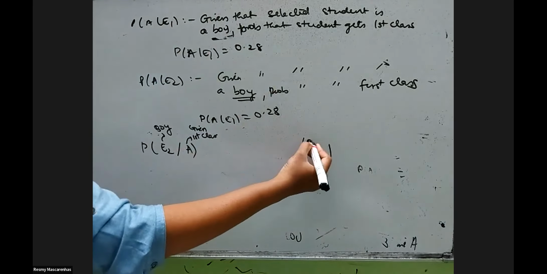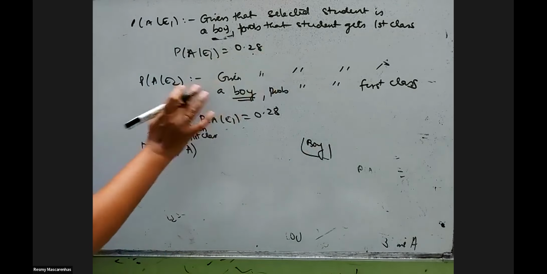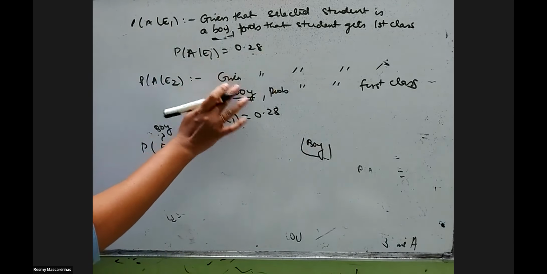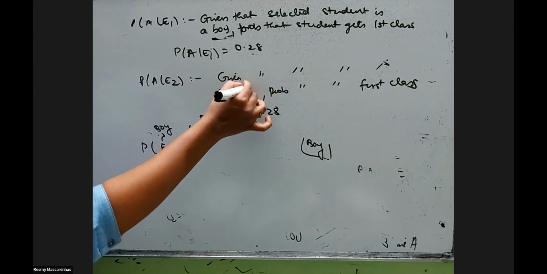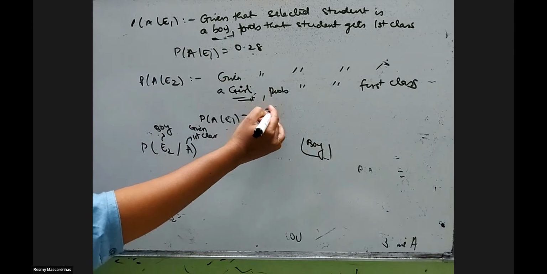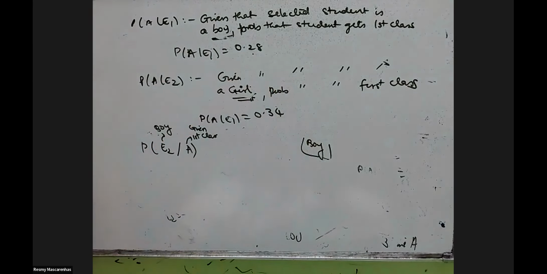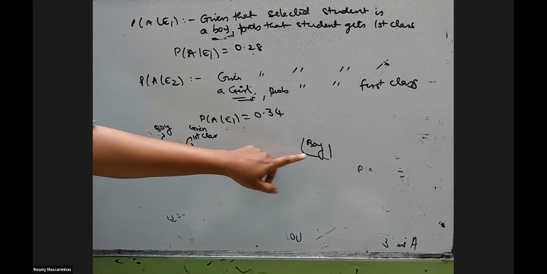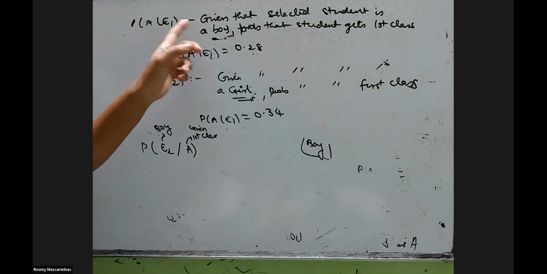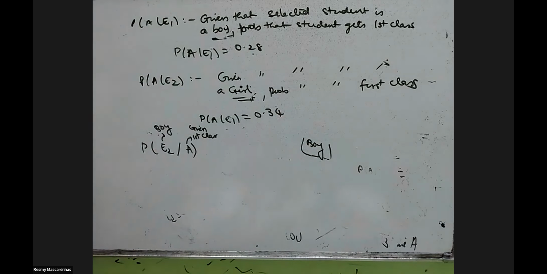E2 is for girl. Just correct this. The same sequence you have to take, you cannot shuffle. If I had taken E1 for a boy, then A upon E1 also we have to select for a boy. It will be E1.